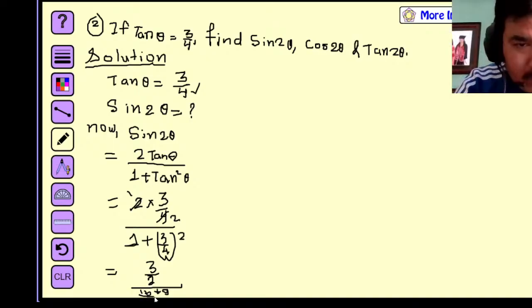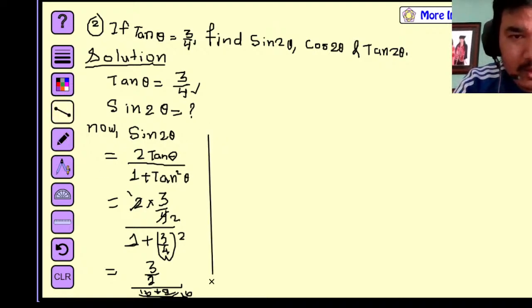Look, children. Then its whole upon what will be here? Its whole upon is now 16. Then when you write it here like this way, I have repeated this so that it will be here now 3 by 2.